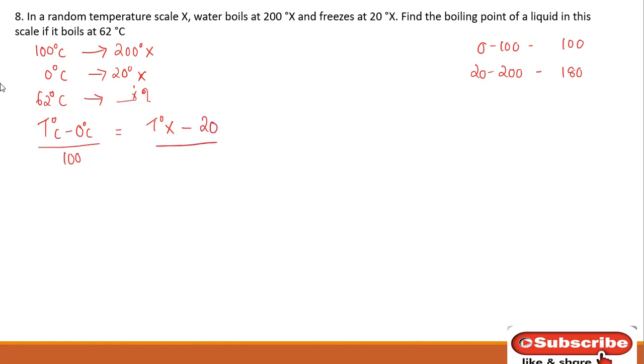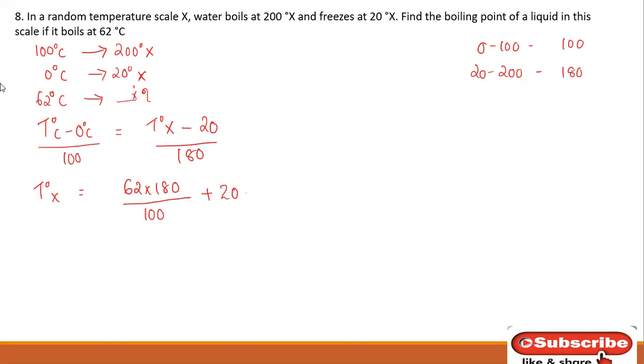We want to find out the value of T in X degree. That is, Tx is equal to T degrees Celsius, which is 62. 62 minus 0 is 62. 62 into 180 cross multiplied upon 100. Now minus 20 when we are taking to the other side will become plus 20.